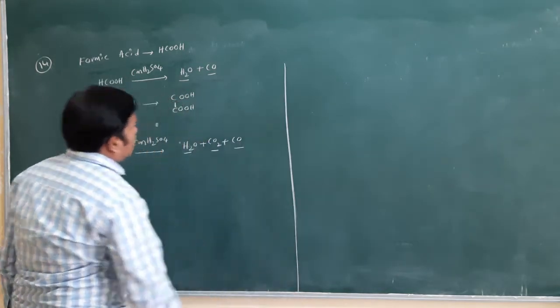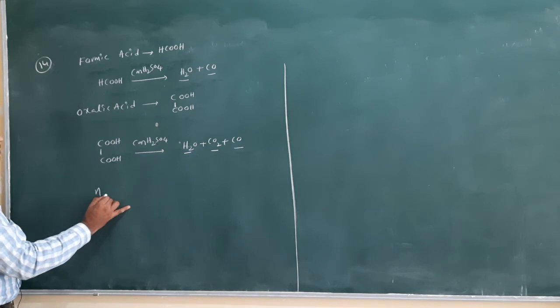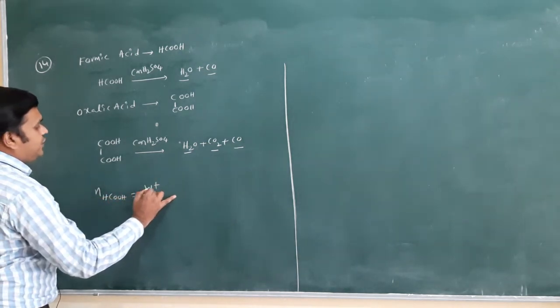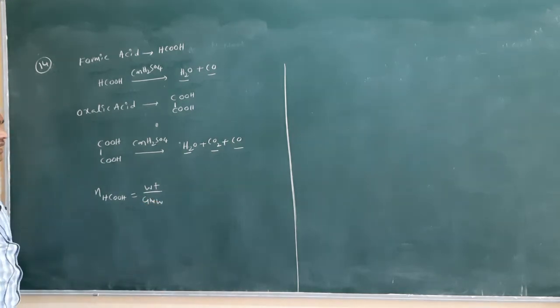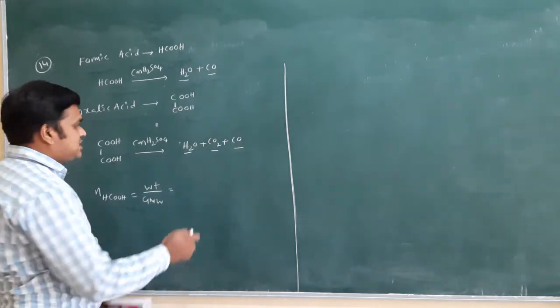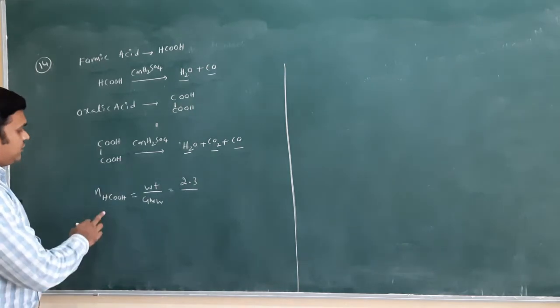Okay. So what I want to find here is the number of moles of formic acid. Number of moles of formic acid is equal to weight of acid by gram molecular weight of the formic acid only. The weight of formic acid given in the problem is 2.3 grams. What is the molecular weight of formic acid?